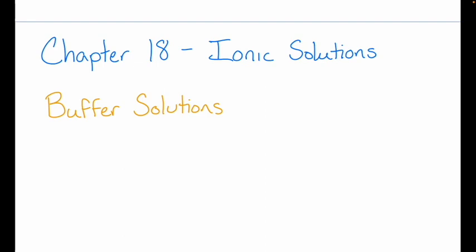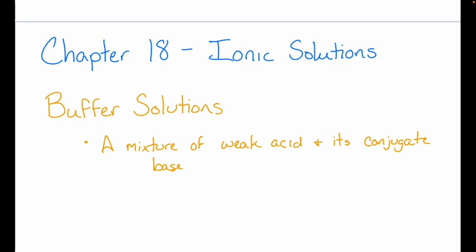All right, so first of all, what is a buffer? A buffer is a solution that's created with a mixture of a weak acid and its conjugate base. Or you could also have a buffer that was a weak base and its conjugate acid.